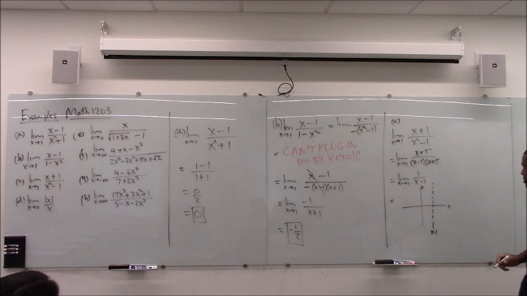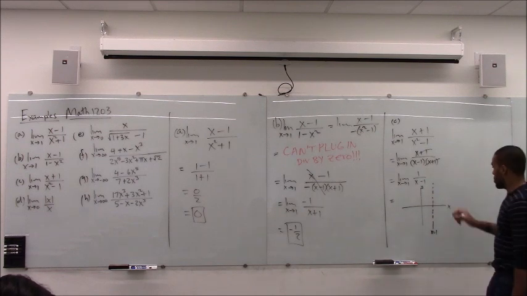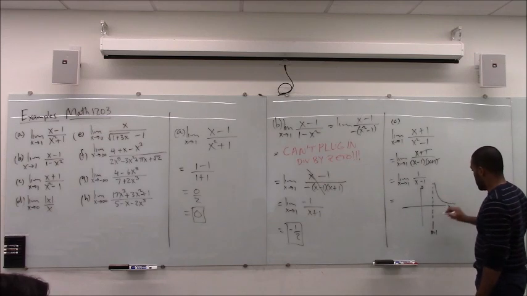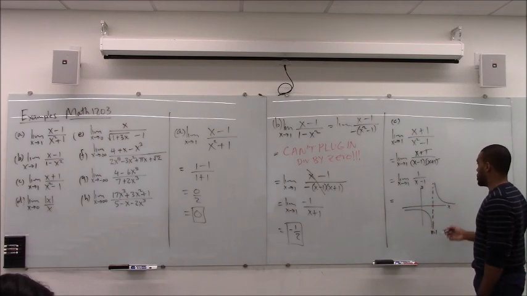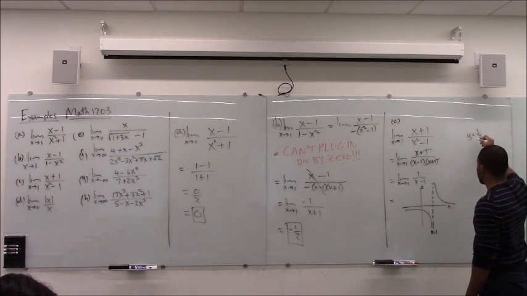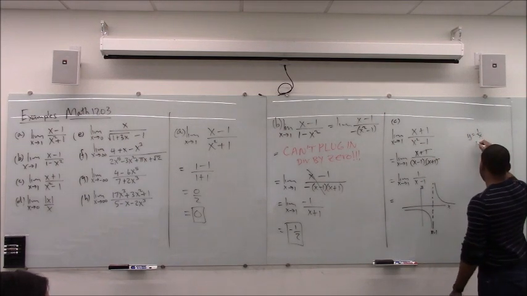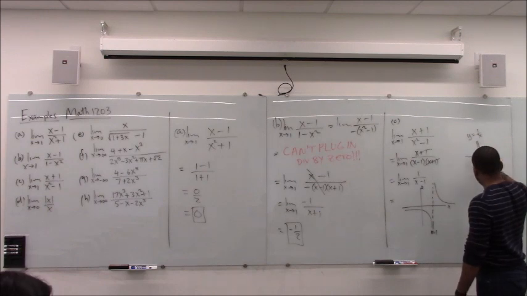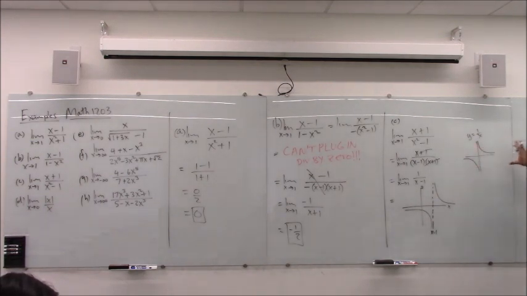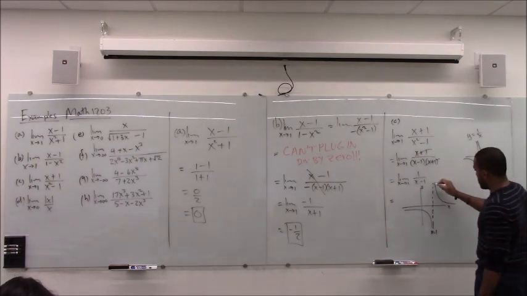What does it look like around it? Like that. It's like the 1 over x graph, but shifted. Remember when you had y equals 1 over x? That was on quiz 1, I think. It looks like this, but it's shifted, because I subtracted 1 from the x. So that's what it would look like.